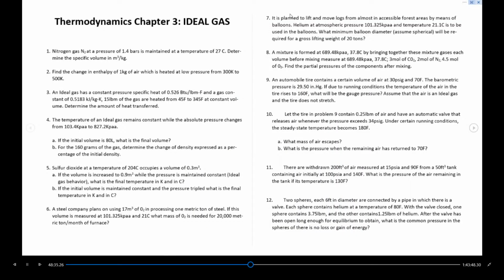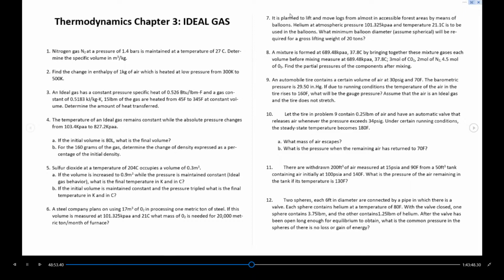It is planned to lift and move logs from almost inaccessible forest areas by means of balloons. Helium at atmospheric pressure 101.325 kilopascals absolute and a temperature of 21.1 degrees Celsius is to be used in the balloons.